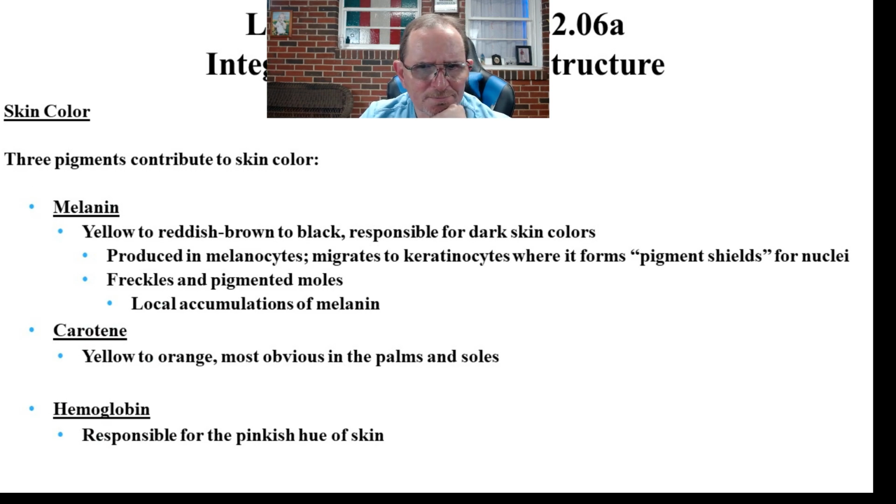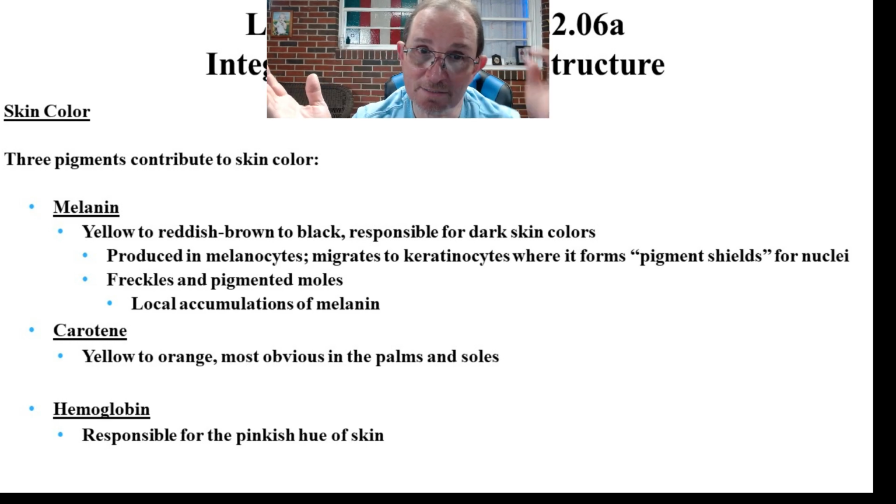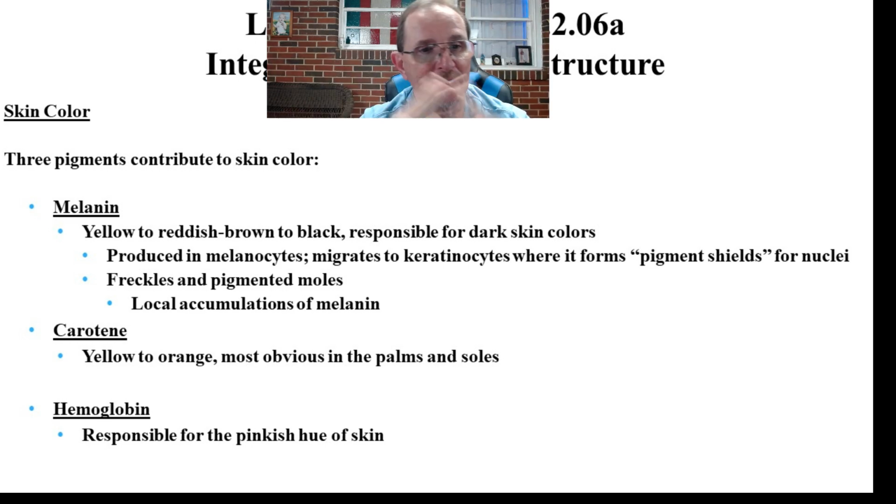Skin color. There's only really two pigments, but we call hemoglobin. Melanin is a dark pigment, so people who have moles or nevus, that's melanin. That's a localized congregation of melanin.